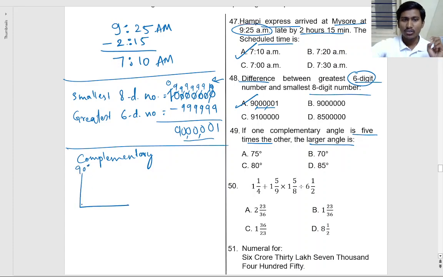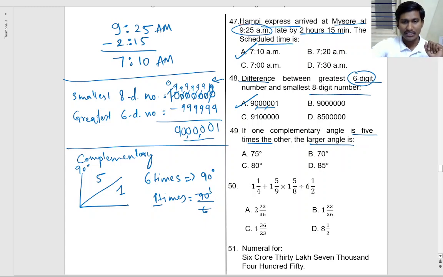So in that, one angle is 5 times the other. So if one is 1, the other will be 5 times, right? So the total will be 1 plus 5, that is 6 times. So 6 times is how much? 90 degrees. So 1 time will be how much? Here we have to divide by 6, that is 6 15s are 90.